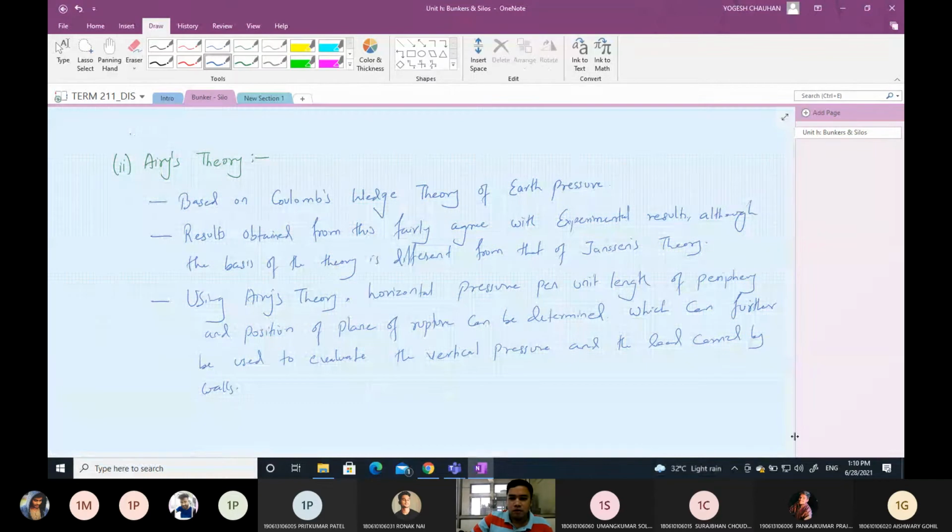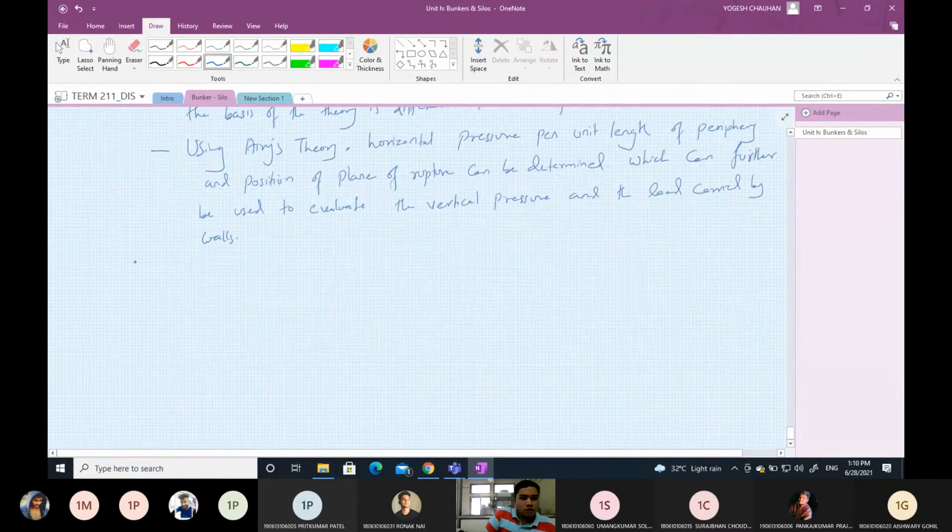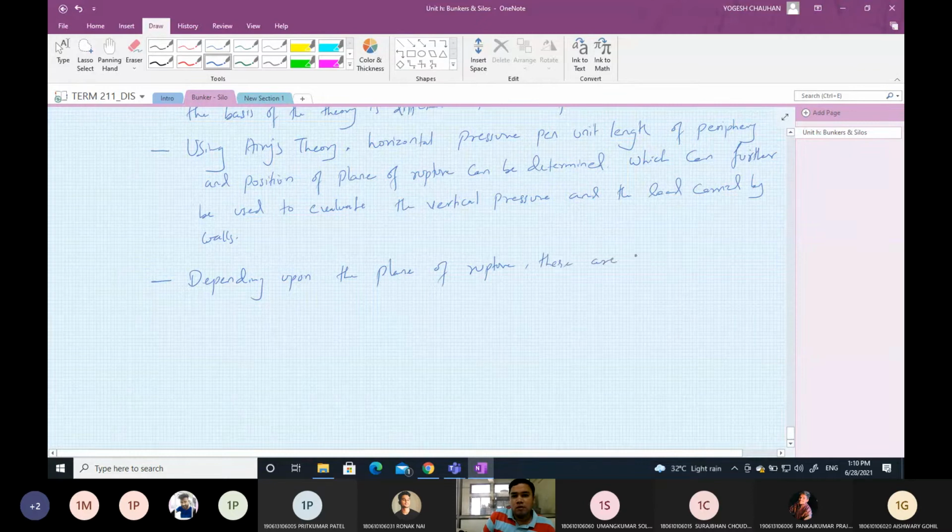Now, depending upon the plane of rupture, there are two cases.